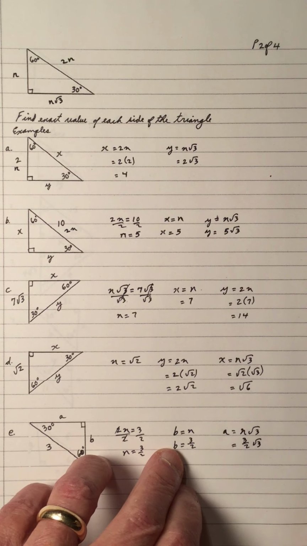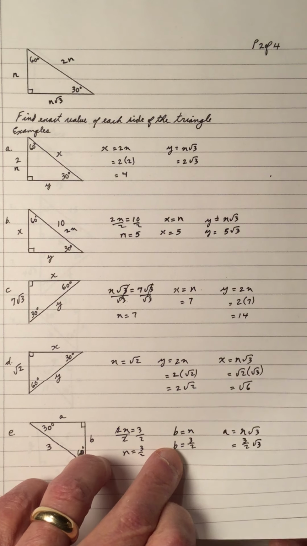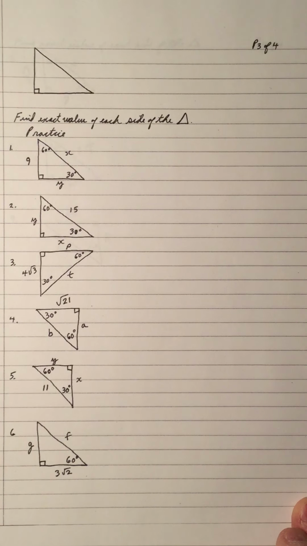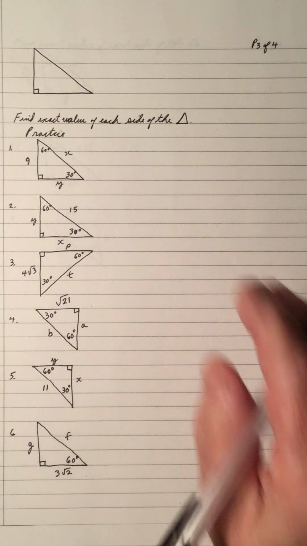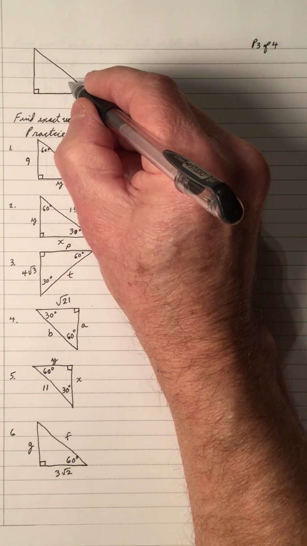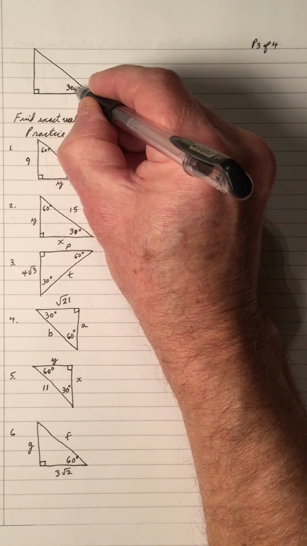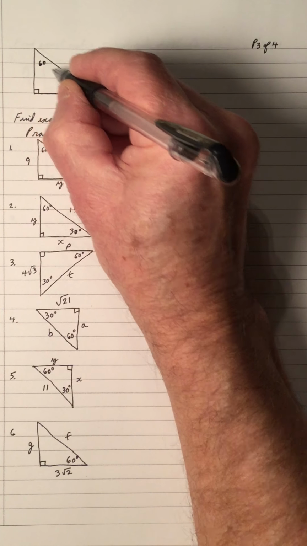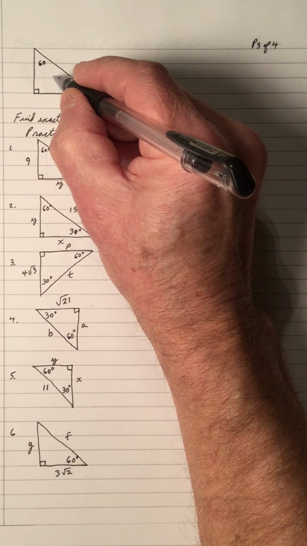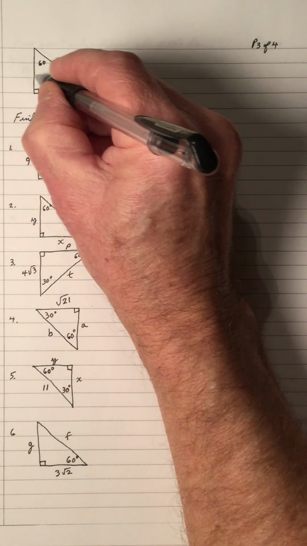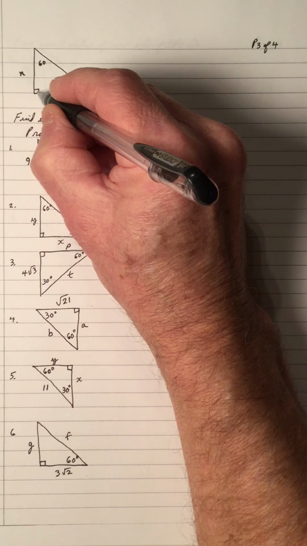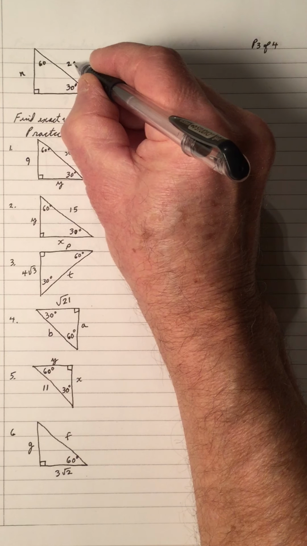So hopefully you can see the pattern that I'm implying here. The thing is to be consistent. Again, do you know your triangle? It doesn't make any difference where you put your 30 or your 60. You could put 30 there and 60 there, or 60 here and 30 there. It makes no difference. Opposite to 30 goes n. Opposite to 90 goes 2n.